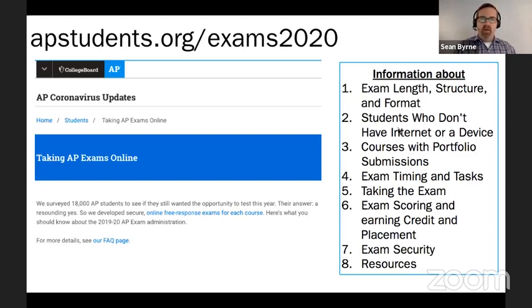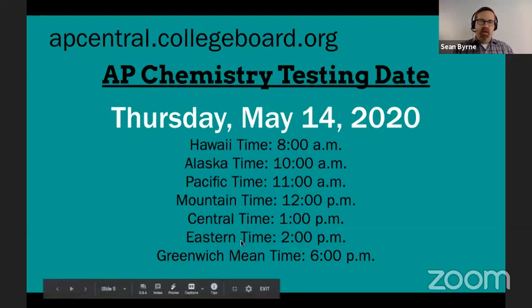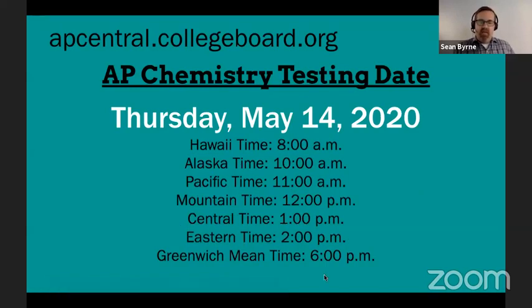We're going to keep our focus on Thursday, May 14th. We passed the one month mark a couple of days ago. Now we're at the 4-week mark, because it should be exactly 4 weeks from today. Remember that you're going to find the time in your local area, and we'll all be taking the test at the same time on the same day on our own individual devices.